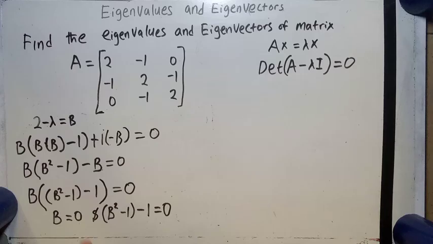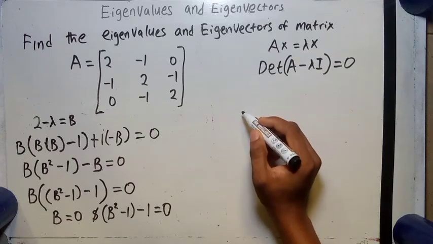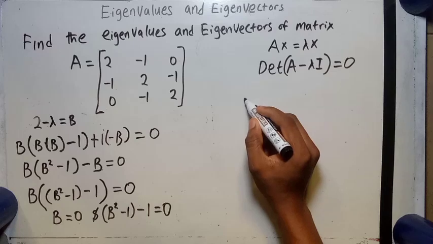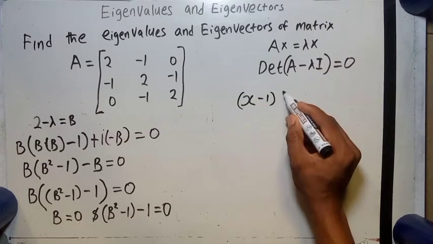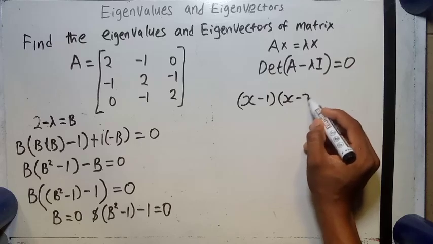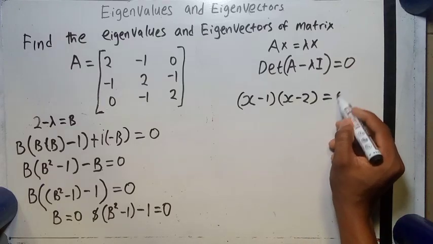This thing I just did here is your normal quadratic equation, the way you solve your polynomial. You can have something like (x minus 1)(x minus 2), your quadratic equation, and you say all this is equal to 0.